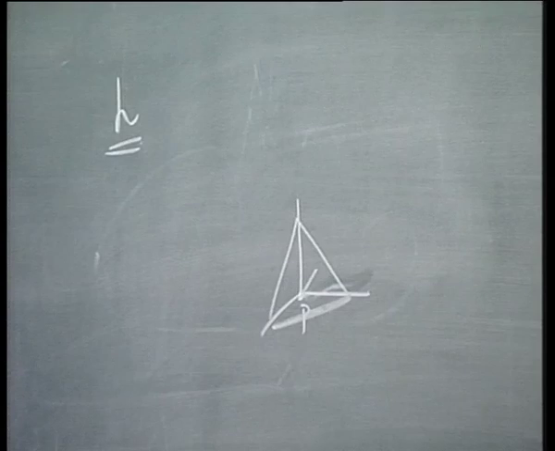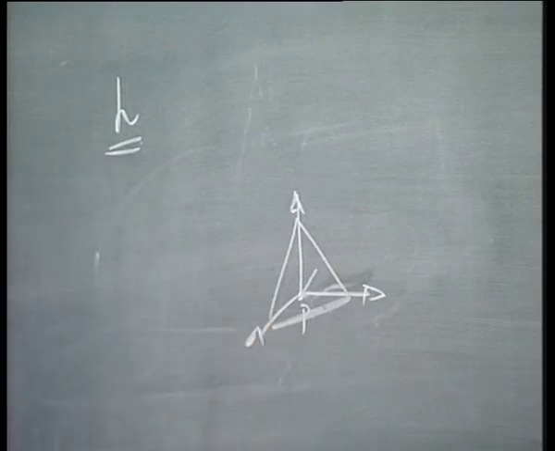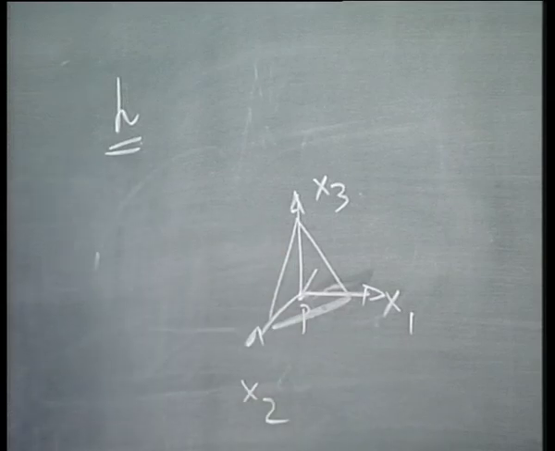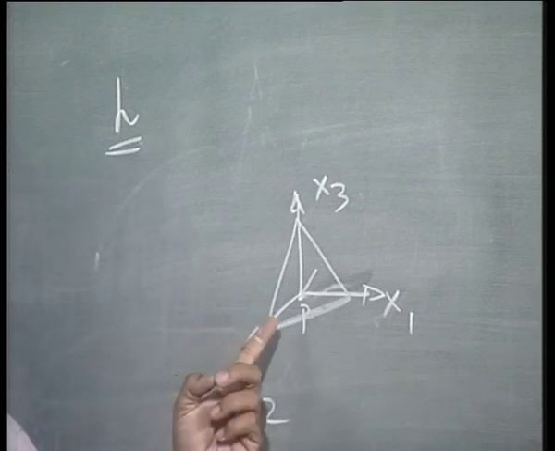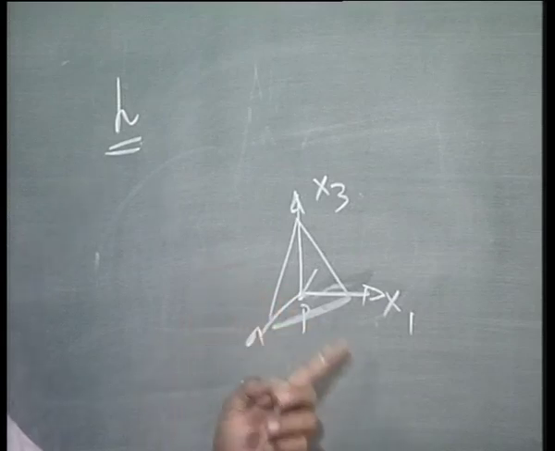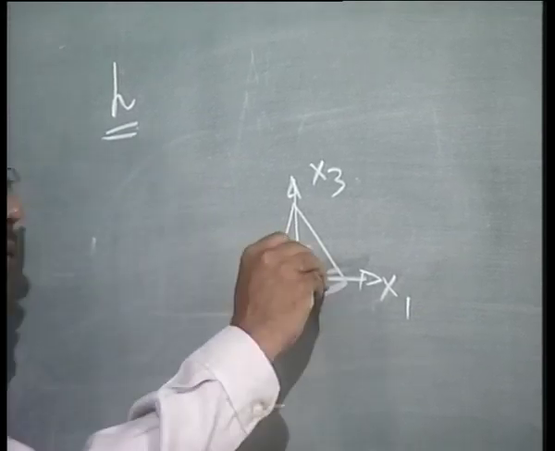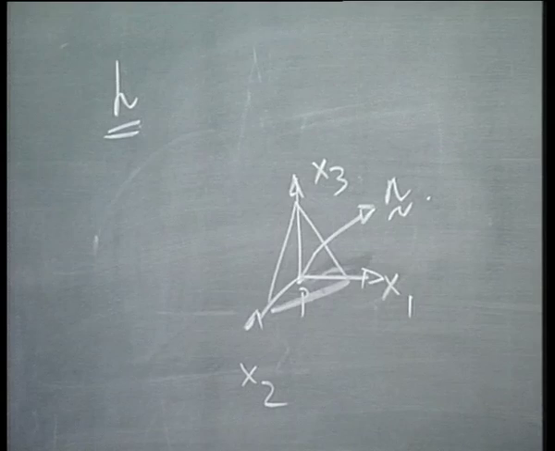Is that clear? So, the tetrahedron is now made up of, these are the axes, say x1, x2 and x3. So, this tetrahedron is made up of planes which are normal to x1, x2 and x3, as well as the plane of interest whose normal is equal to n.